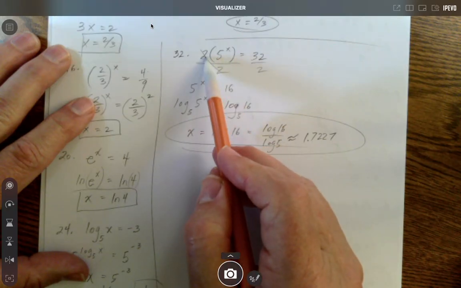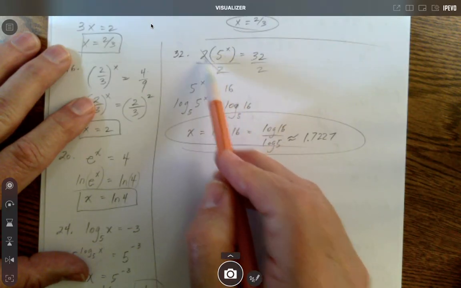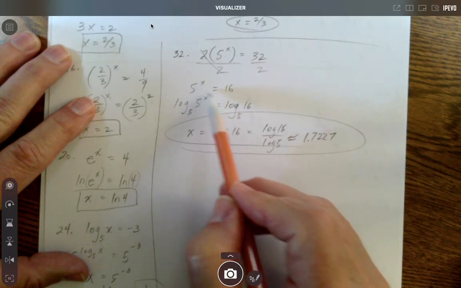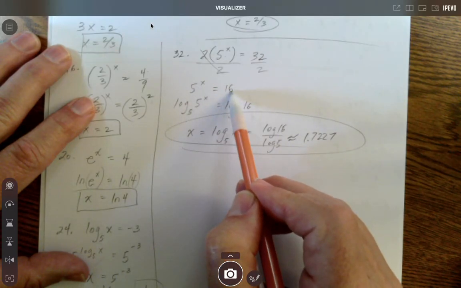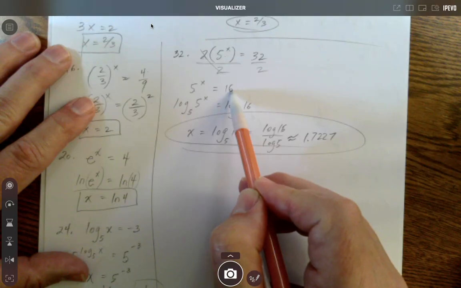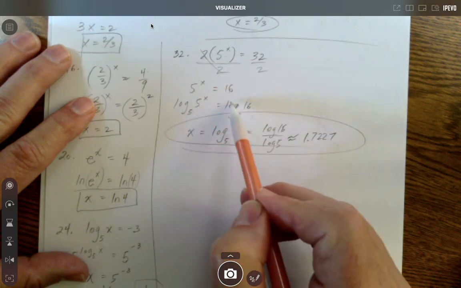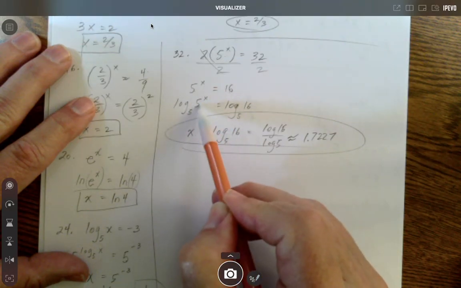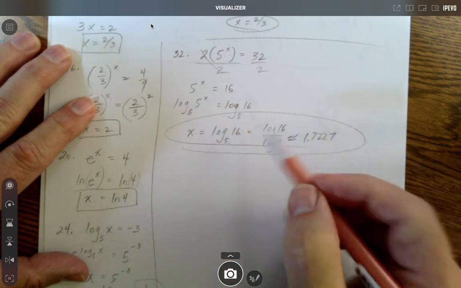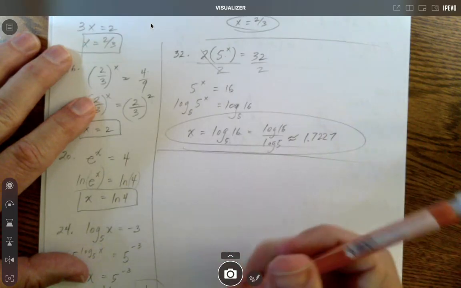I had that 2 multiplied to this exponent, so I divided both sides by that, got rid of it. Now I've got 5 raised to the x equals 16. There's no way I can make 16 base 5. 5 to what power? I don't know. So instead of that trick, I just took log base 5 of both sides, and those just cancel and you get x, and then you have your answer, log base 5 of 16. So that's 32.